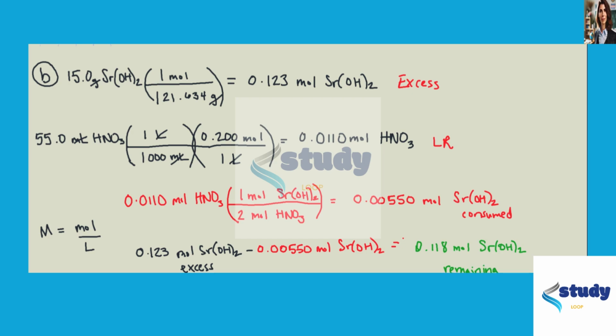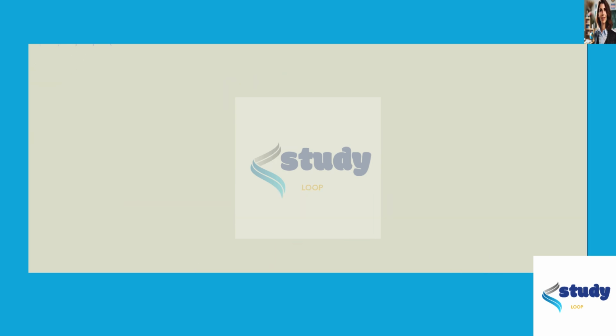Now that I know how much I have remaining, I can calculate how much of each ion I have present. I have 0.118 moles of Sr(OH)2 remaining.